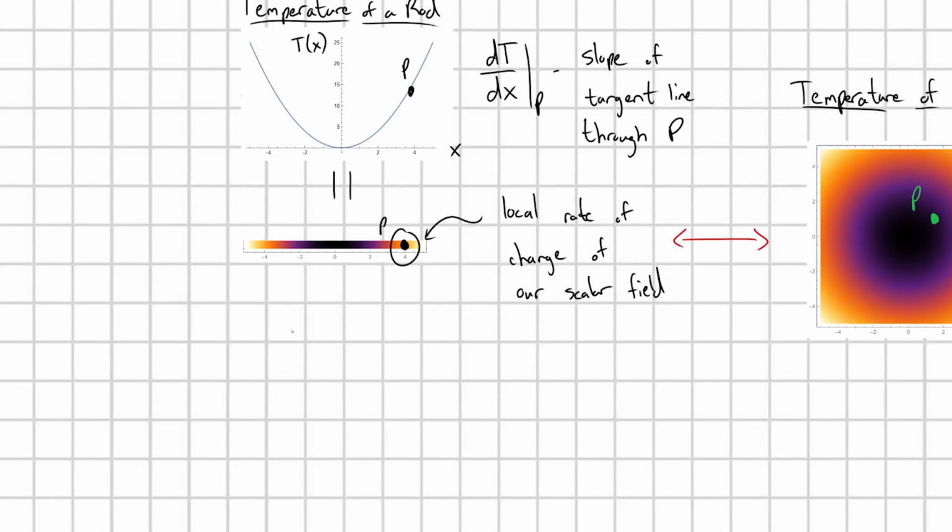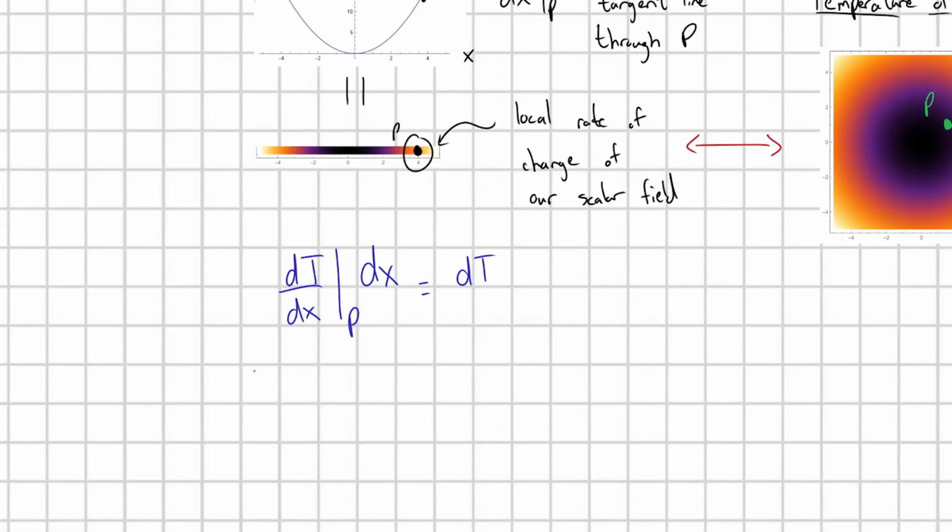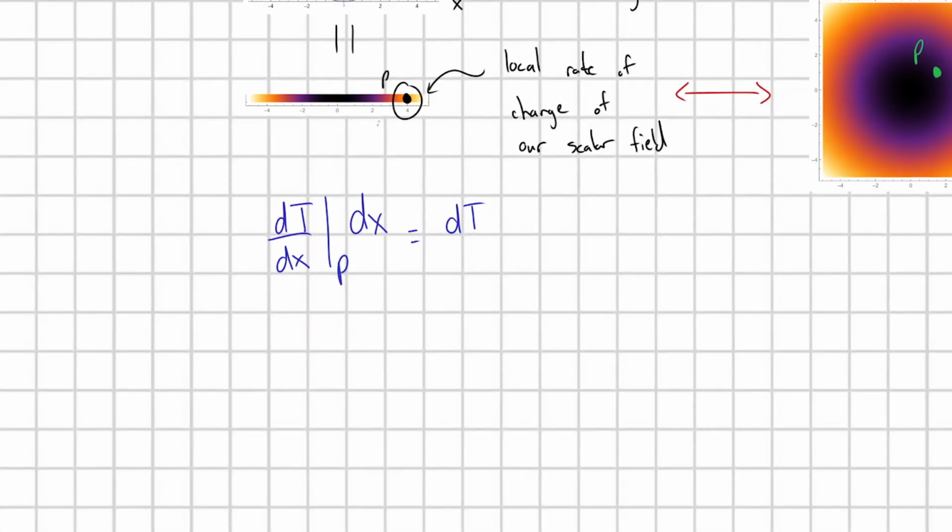rod. So if I take the derivative dT/dx at some location P, and now I multiply this by dx, this is really just going to give me back the infinitesimal change in my temperature dT at that point. And this is kind of an infinitesimal version of the fundamental theorem of calculus.